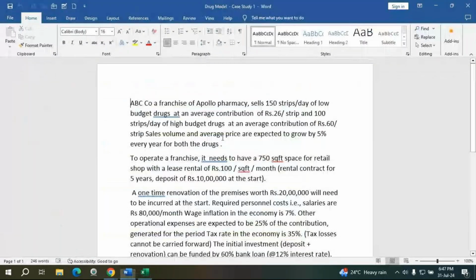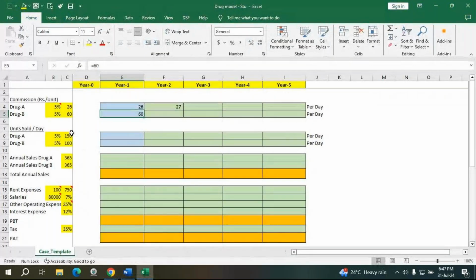For drug B, it is a high budget drug at an average contribution of rupees 60. So 100 strips they are selling. Units sold 100 and the cost of drug B is 60. Drug A is 26 rupees and they are selling 150 strips per day.